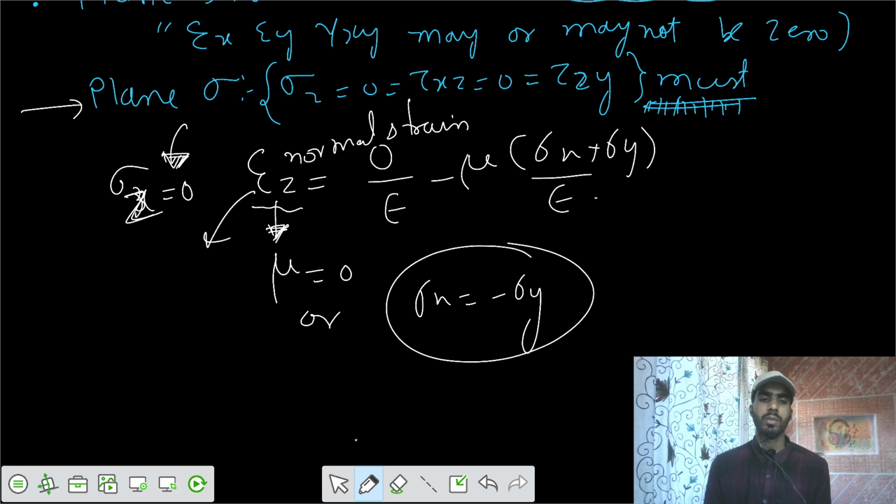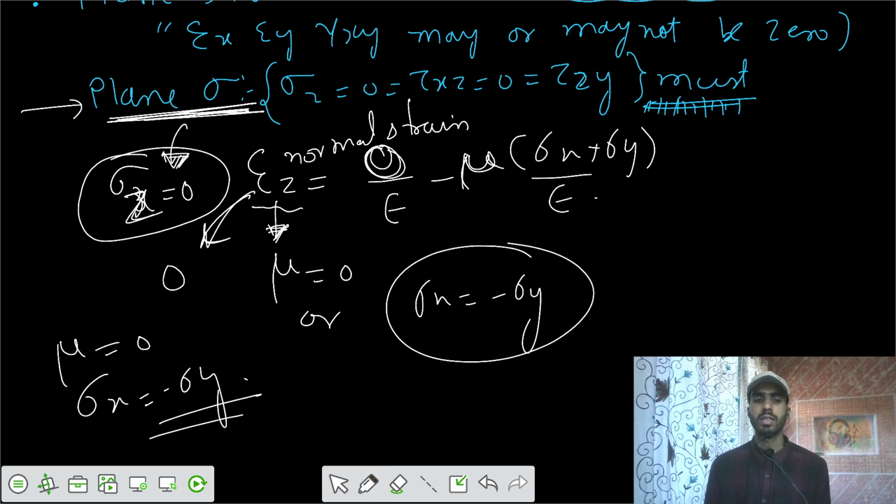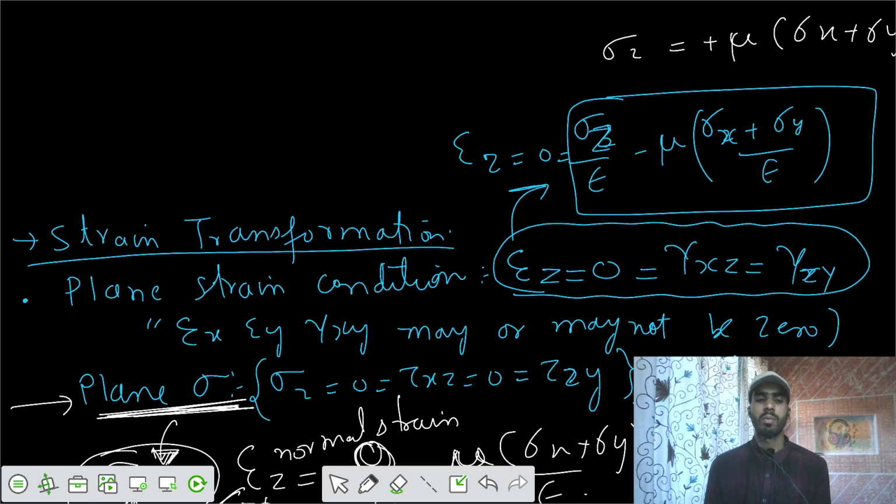This is only possible to be 0 in the plane stress condition, when sigma z was 0, but it can have a value because of the Poisson ratio. If you want strain in z to be 0, that means mu should be 0, or sigma x equals minus sigma y. So this was the condition for the plane stress condition.